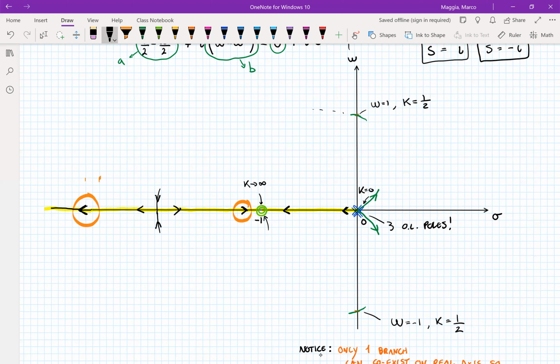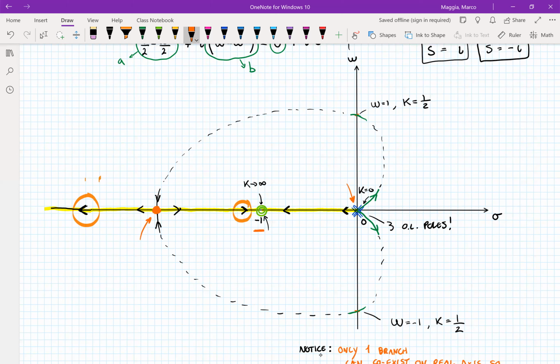I'm assuming that the 2 branches are exactly the ones that departed from the origin. So, in other words, I'm expecting a break-in point somewhere to the left of -1. So to recap, I'm expecting a breakaway point at 0 and a break-in point somewhere to the left of -1.